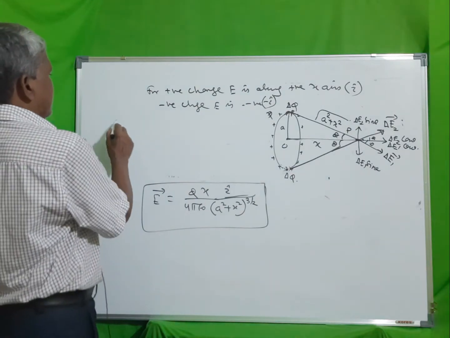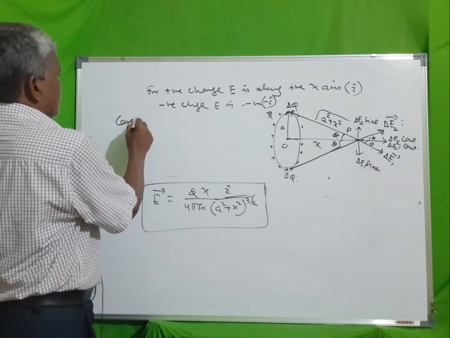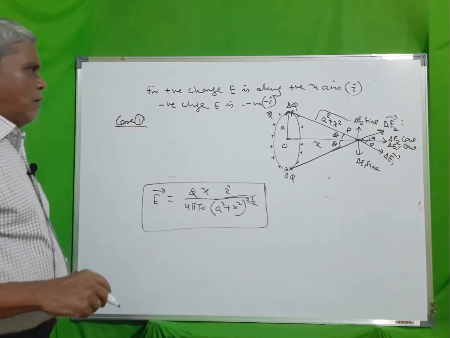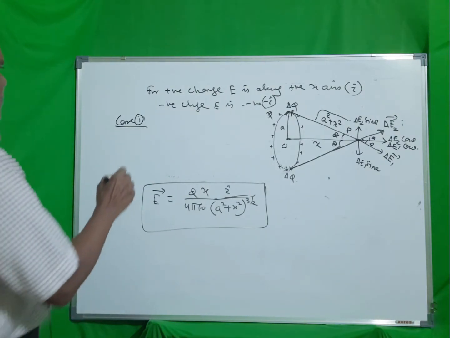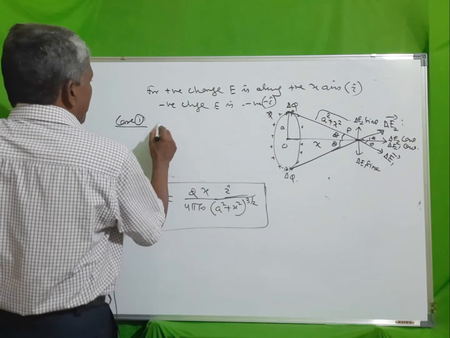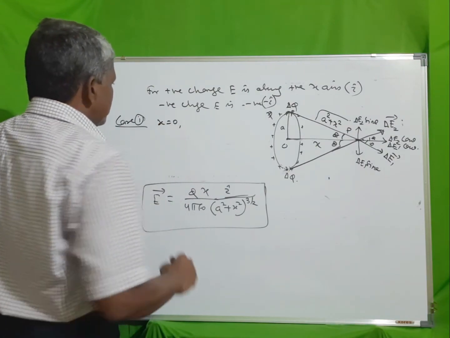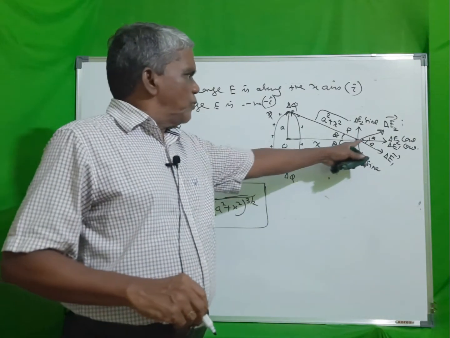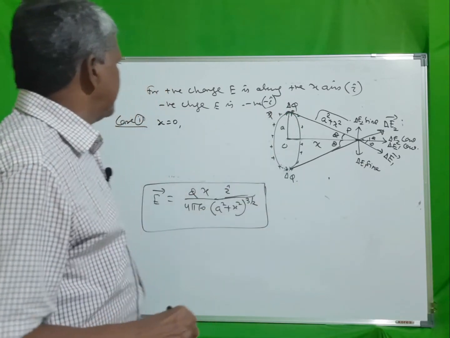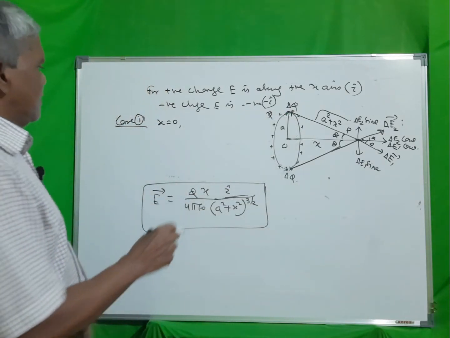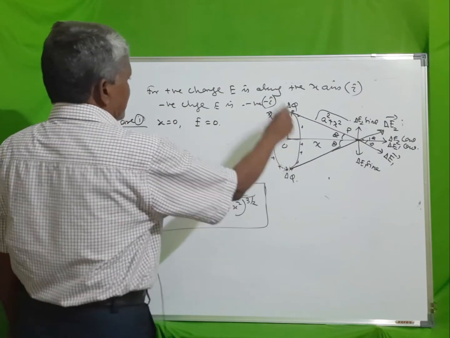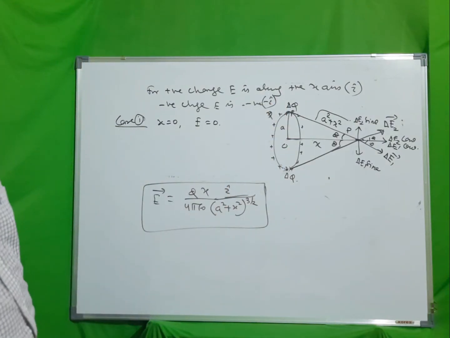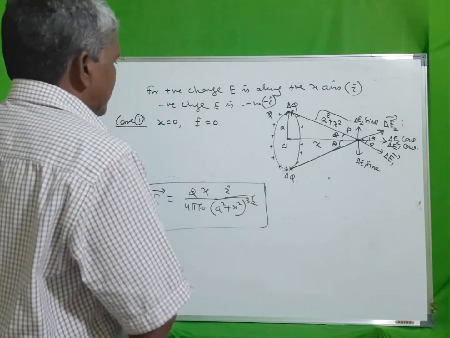Case 1. If x is 0, that means the point is at the center. If the point is moved to the center of the ring, if x is 0, then the electric field is 0. Thus, there is no field at the center of the ring.